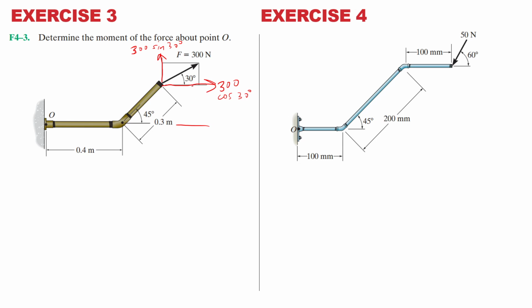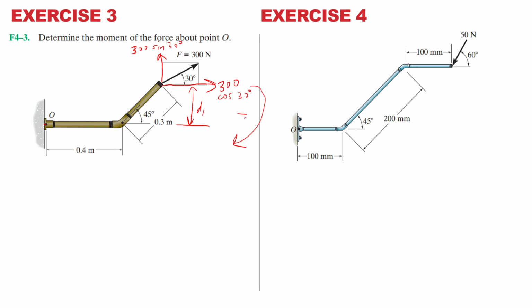So again, look at perpendicular distance. This is D1. This is the perpendicular distance. We are trying to find moment about point O. This is 300. 300 will rotate the body like that. So if it rotates the body like that, it is actually clockwise.